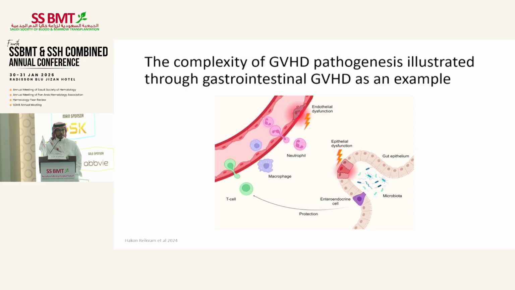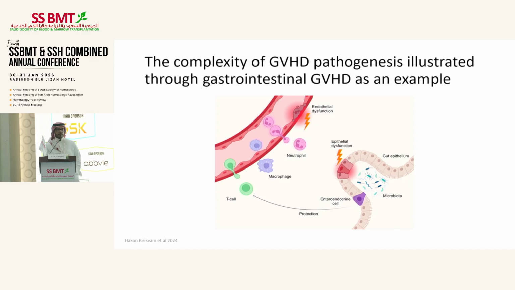This includes T cells, alloreactive T cells, macrophages, neutrophils. Subsequently, there will be endothelial dysfunction, which is usually a later sign of GVHD. That's why in patients with severe GVHD or multi-organ GVHD, they will develop an endothelial syndrome, which includes transplant-associated microangiopathy, or TMA.